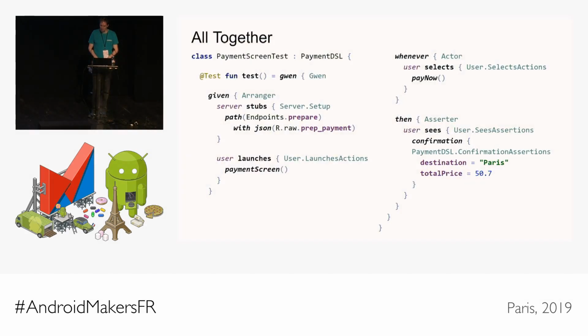And altogether, when we have all these, we can write a UI test like this. And it's important to remember that what I showed you is the whole thing, but you can pick it to pieces and pick up whatever suits you best in your project.